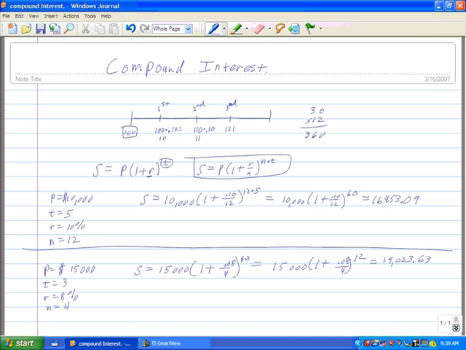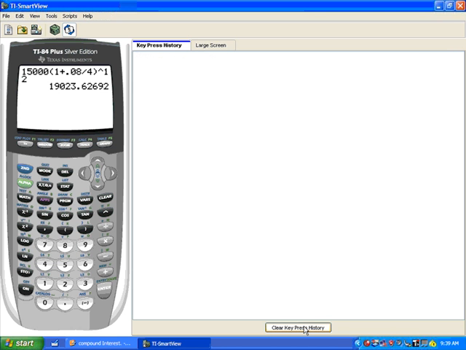Now, there's another way to do this. This is doing it with pencil and paper and calculator using the formula. The TI calculator actually has a financial menu built into it, which can do a lot of these things for you.